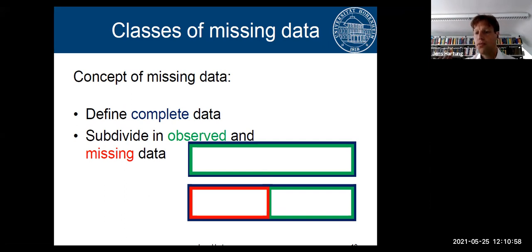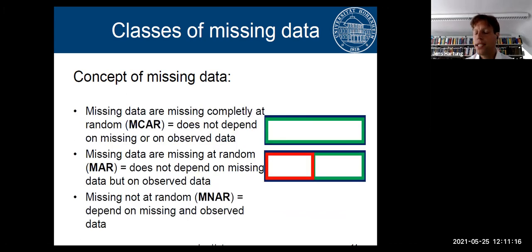What we have in mind is a complete data set, but the complete data set is not observed. Just a part of the complete data set is observed, and the remaining data is missing. Depending on what the missingness depends on, we have 3 different classes. If the missing data does not depend on the observed data or on the missing data, so it does not depend on your observations at all, maybe just a sample is broken, then we call this missing data pattern missing completely at random.